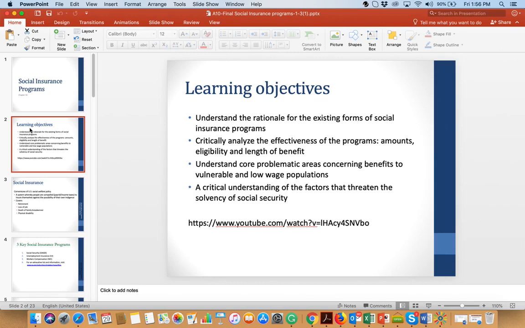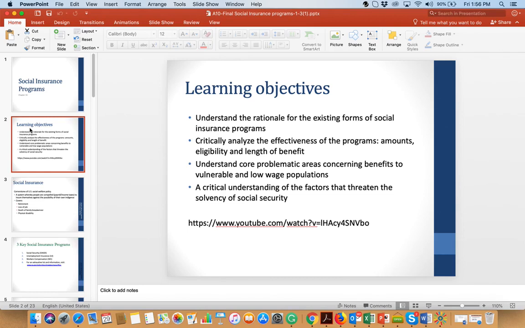Is eligibility fair? Is it just? Is it democratic? How about the length of benefits? Is it enough if, for example, you retire at 62 versus retiring at 65 or 52? How about if you lose a job? The weeks that you are given, are those sufficient?